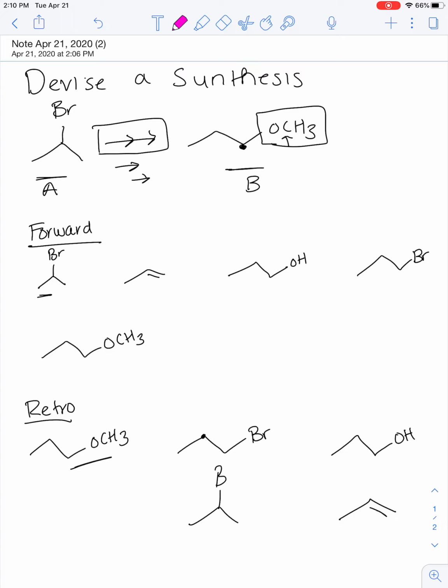So when we're looking at this forward direction, now we have to think about all the reactants that we would need. To get from A to B, what we would need is basically an E2 reaction. In order for E2 to be favored, we have to use a bulky base, so something like potassium tert-butoxide would work.